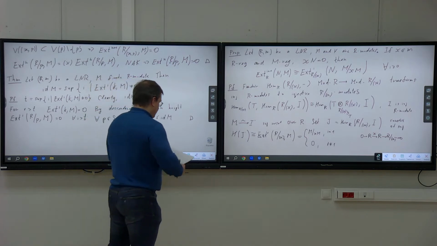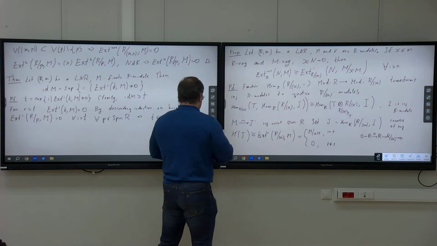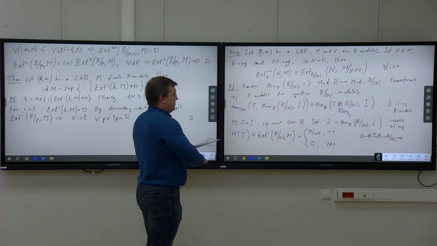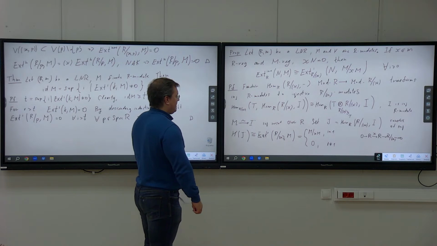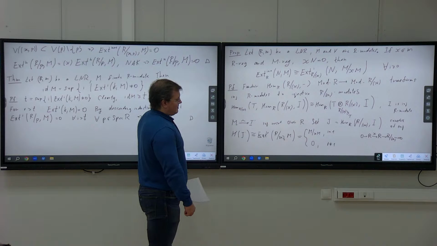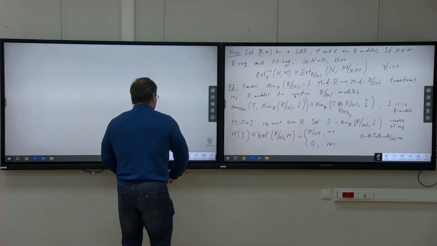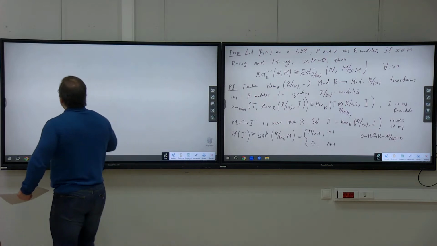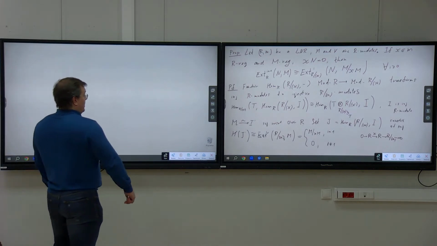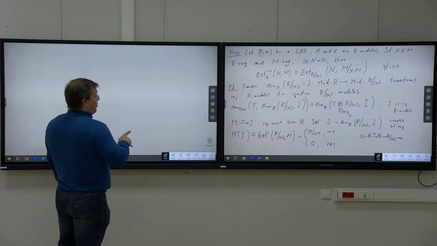M by X. Isn't it the zero cohomology? No, it's the cohomology in the second R in this short exact sequence. Yes, after homing with M. Isn't it? Well, we can do this. We need to take Hom into M, right?